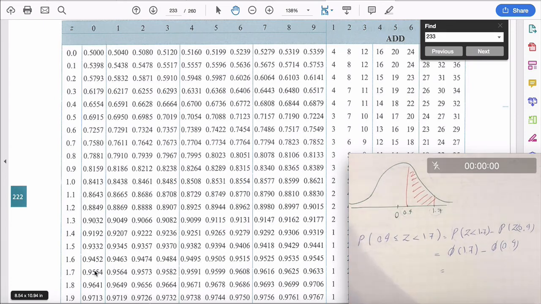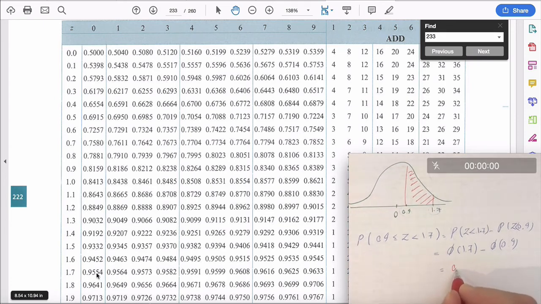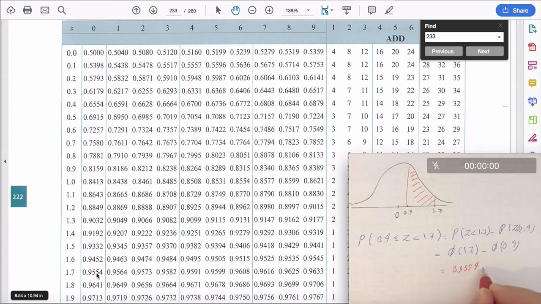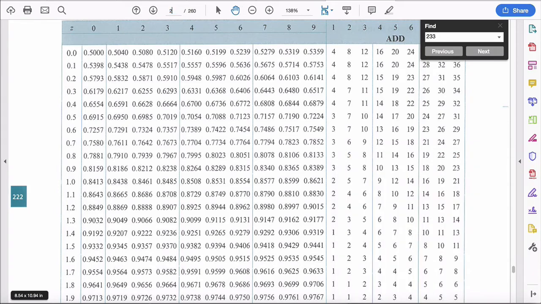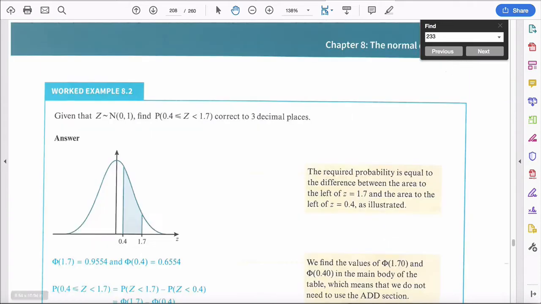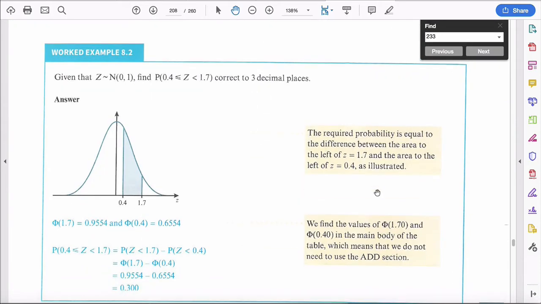Look at the pointer, you will see it is 0.9554 minus phi of 0.4. 0.4 is here, 0.6554. Then I go back to my file, page 208 if I'm not mistaken. Yes.